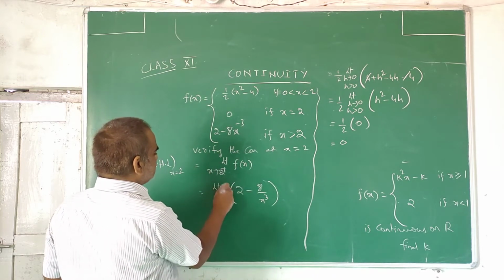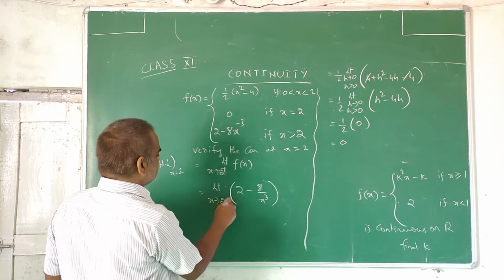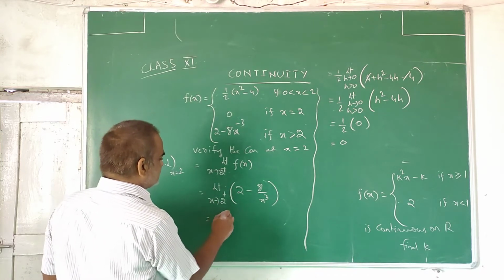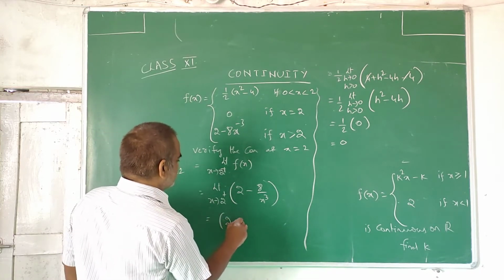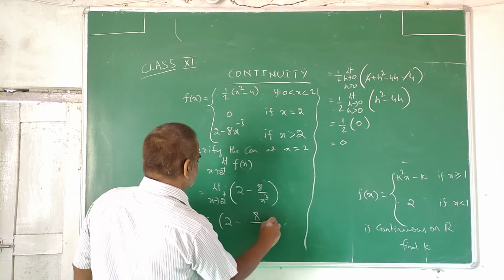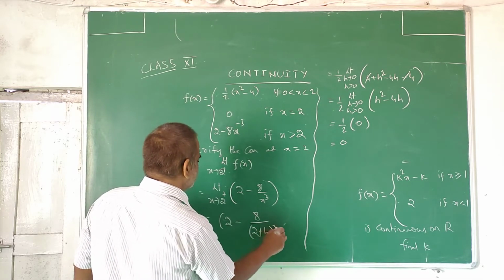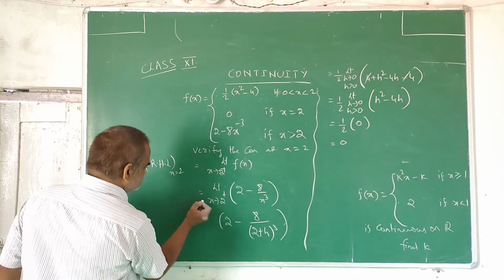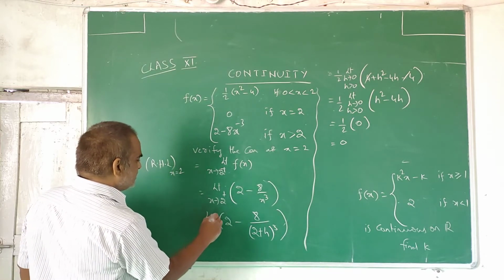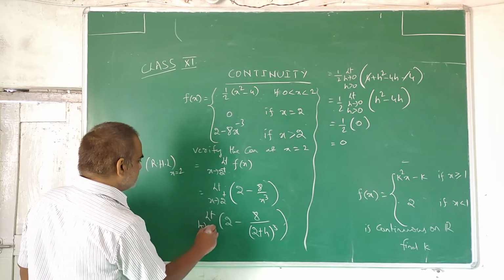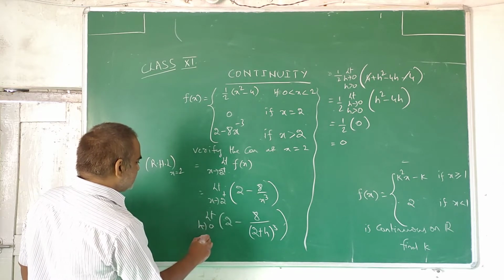So the limit as x tends to 2 plus is 2 minus 8 by (2 plus h) whole cube, as h tends to 0, h greater than 0.